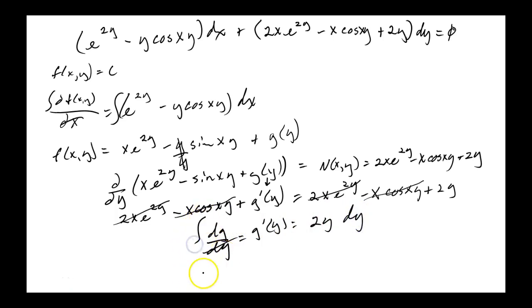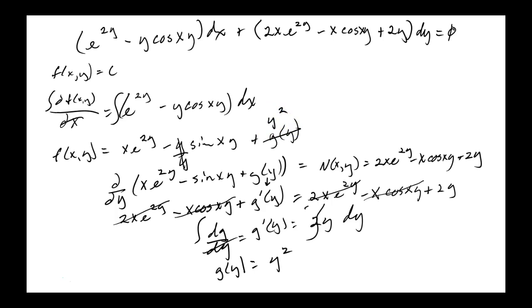And the antiderivative of dg will be just g of y is equal to y squared. Don't put a plus c. Just leave it y squared. Okay? So we come up here, and instead of g of y, we do y squared. All right?